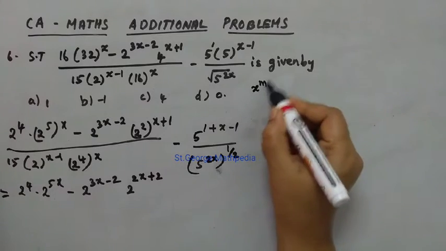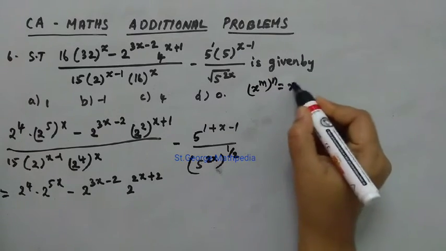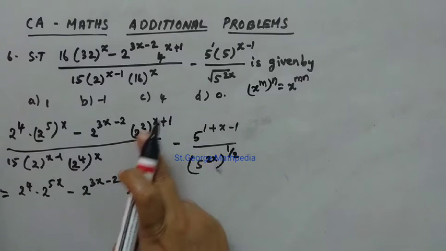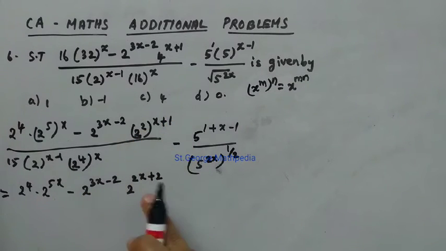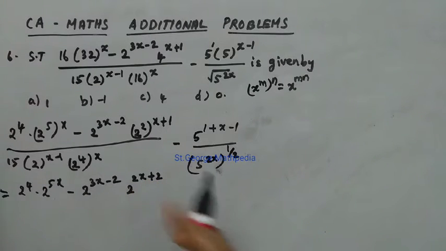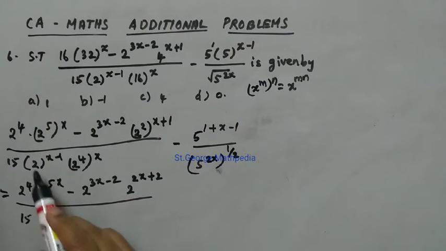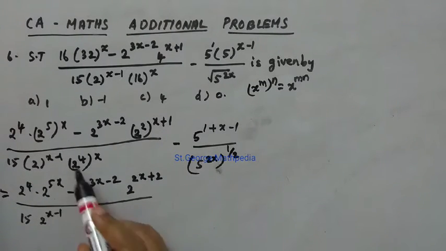We are using the formula x power m whole power n is equal to x to the power of m into n. So 2 to the power of 2 whole to the power x plus 1 is 2 to the power of 2 into x plus 1. I am writing it directly, 2 to the power of 2x plus 2, divided by 15 into 2 to the power of x minus 1.